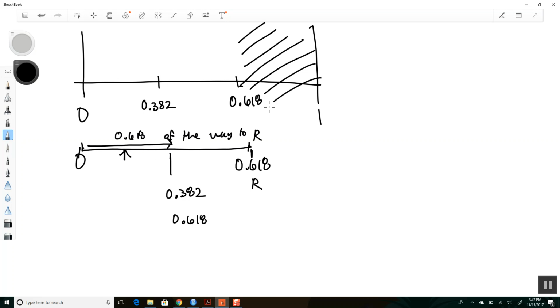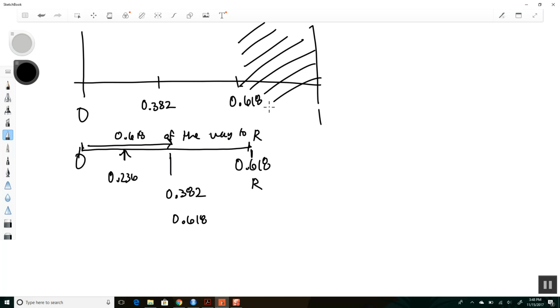I know my picture's not accurate, but if you multiply 0.618 squared, you're going to get something around 0.382. Going the other way, we would have a new location at around 0.236.